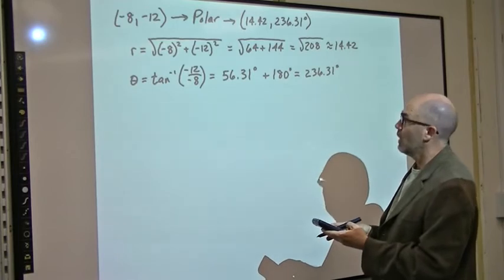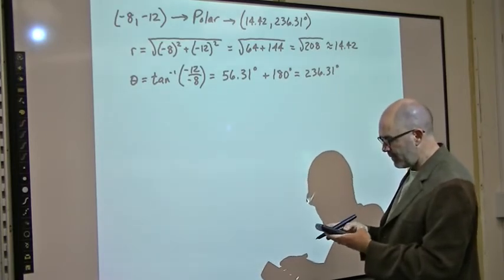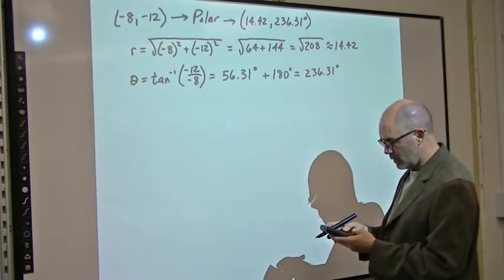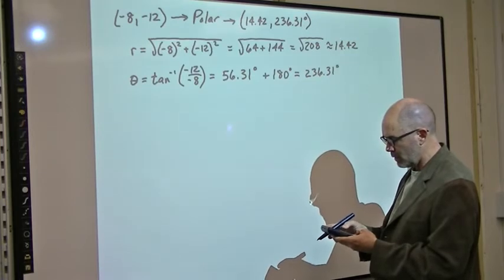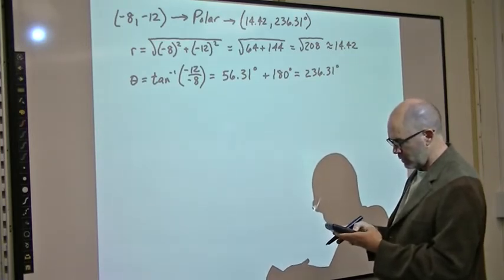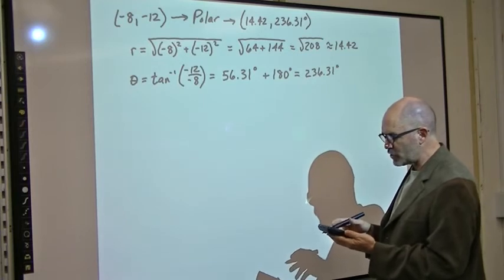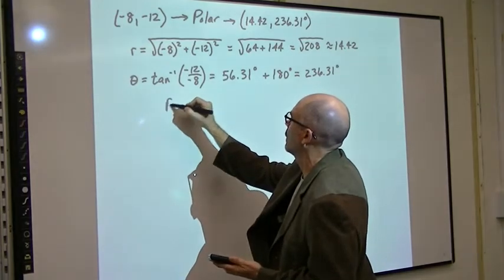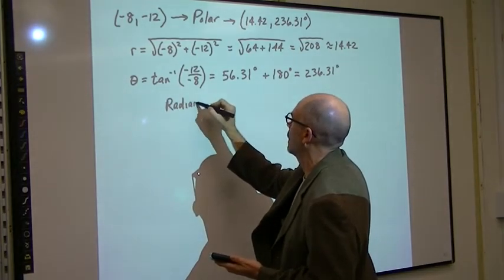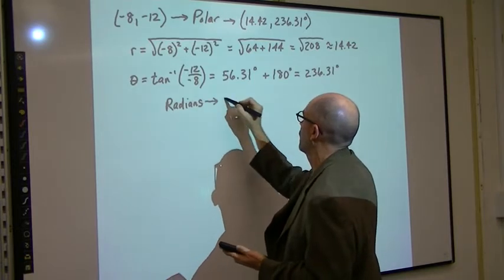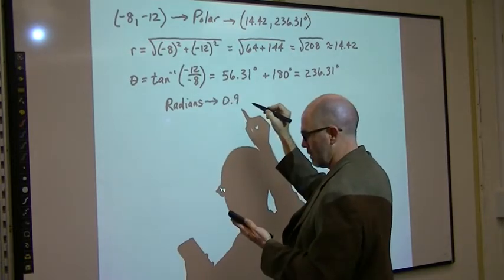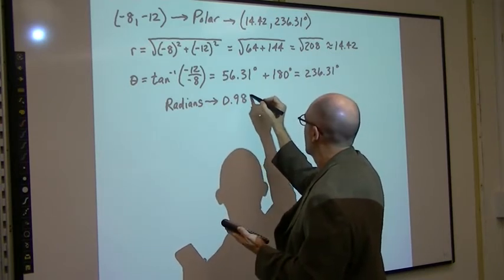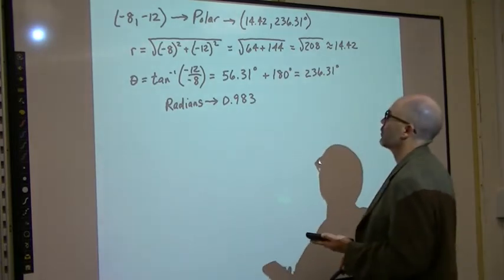Now, I go inverse tangent of 1.5 and I end up with 0.98279. We'll just say 0.983 radians.